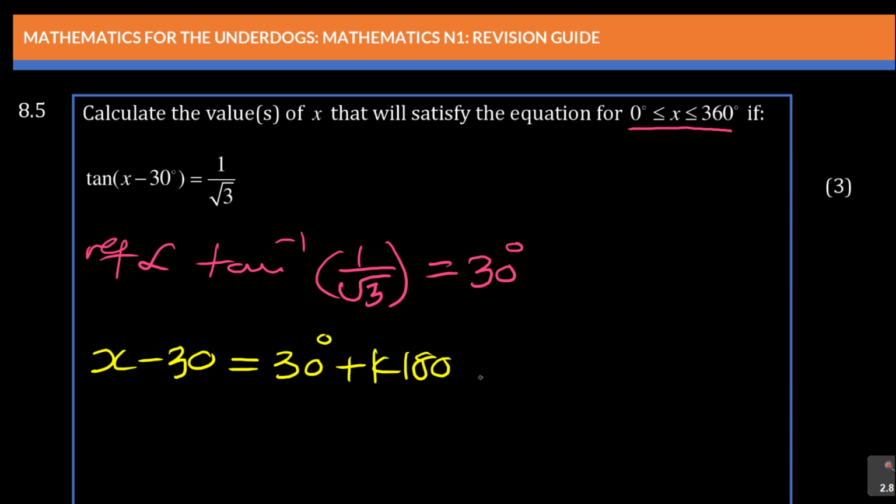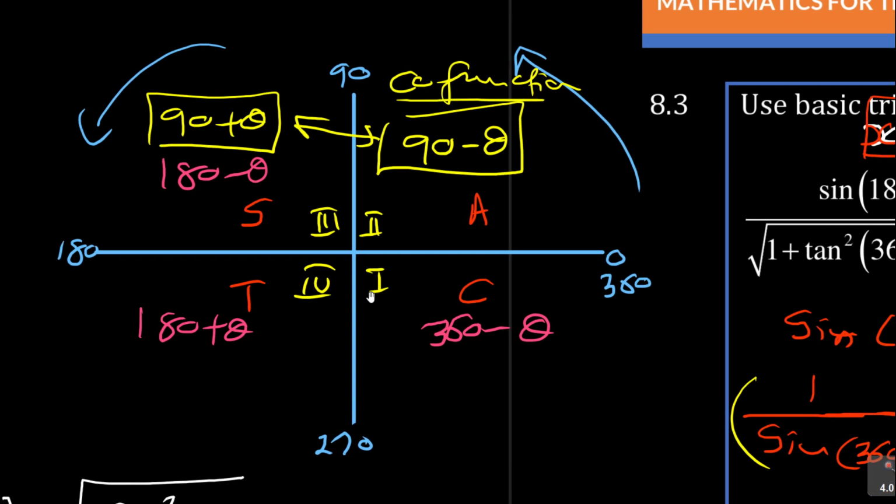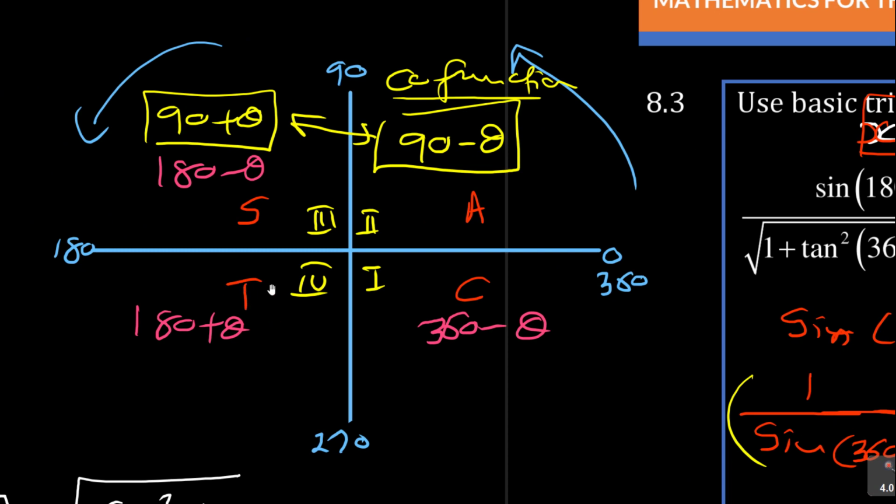Alright, and then you do the other one. Let me come back to the CAST diagram. You go and find out where tan is positive again. Tan is positive in what? In the third quadrant, in the fourth, in the third. Why did I do this? This is wrong.